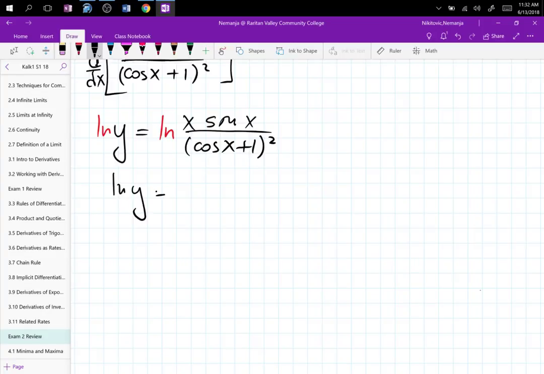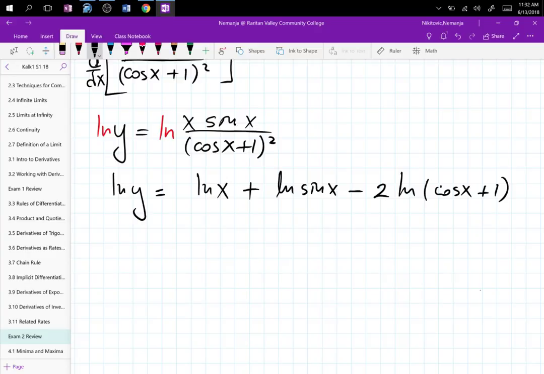We have ln y is equal to, now we have the product, so that's going to be ln x plus ln of sine x minus 2 ln of cosine x plus 1. And now we're going to hit this with the derivative. On the left-hand side, 1 over y dy dx, that's standard.